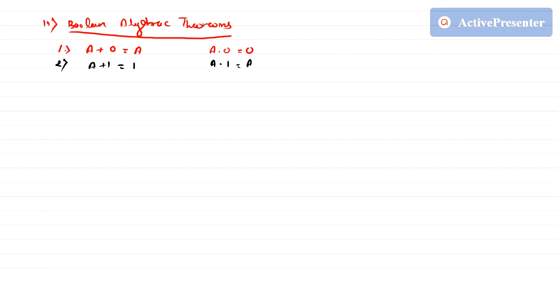So I'll write here, if A equals 1, then the output is equal to 1. Again if A equals 0, the output is equal to 0, which is A. So this is how this property works.